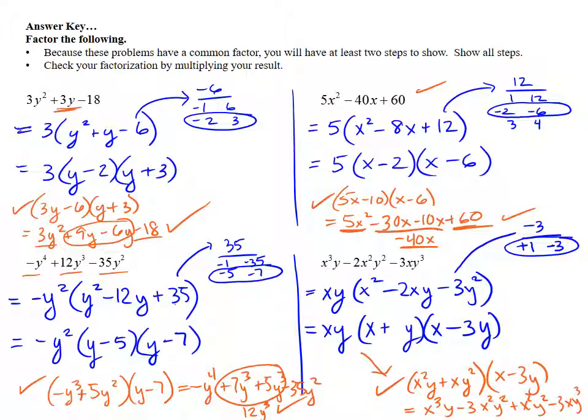Looking at those terms, the first term matches the first term in the problem. The last term matches the last term in the problem. And the two middle ones, if I add them up, because they are like terms, do give me a negative 2x squared y squared. So that checks.